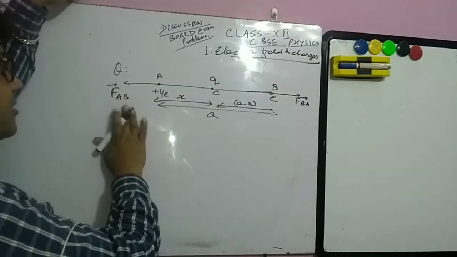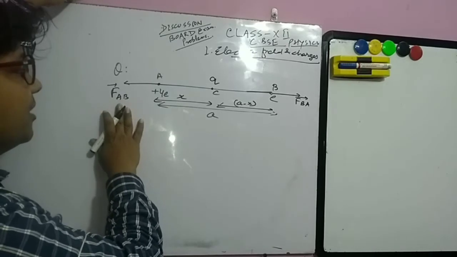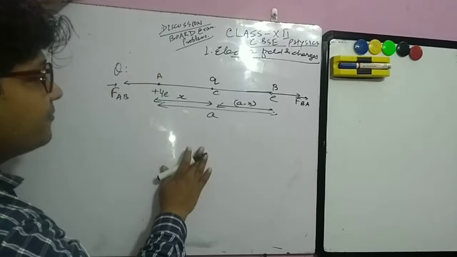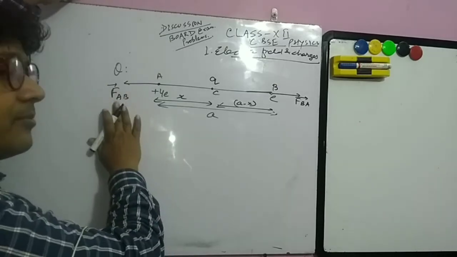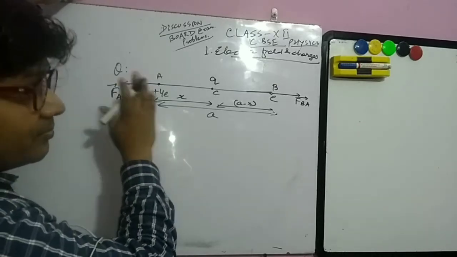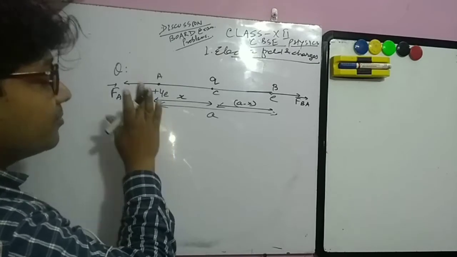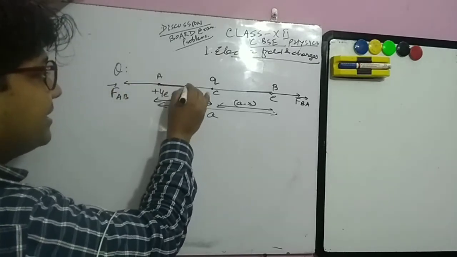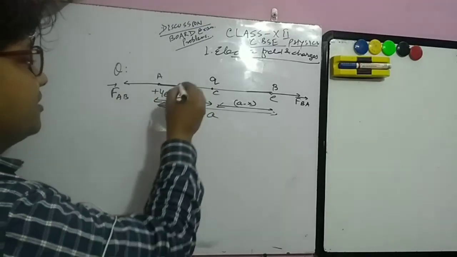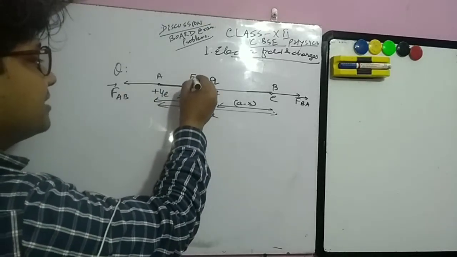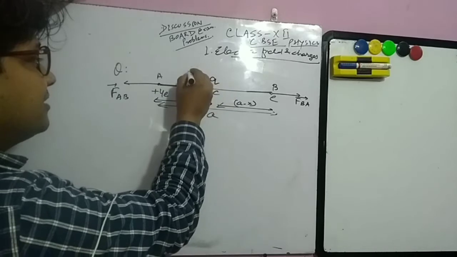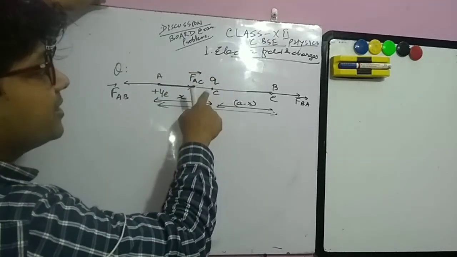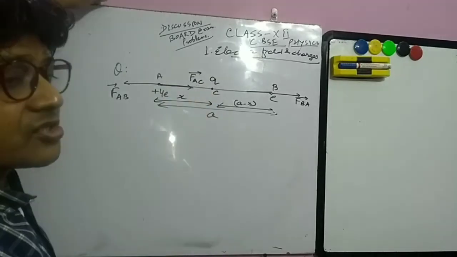So if we are taking this force FAB, this force FAB will be balanced by a force acting in its opposite direction. So we can say this is FAC vector, and that FAC will be created by this charge Q.